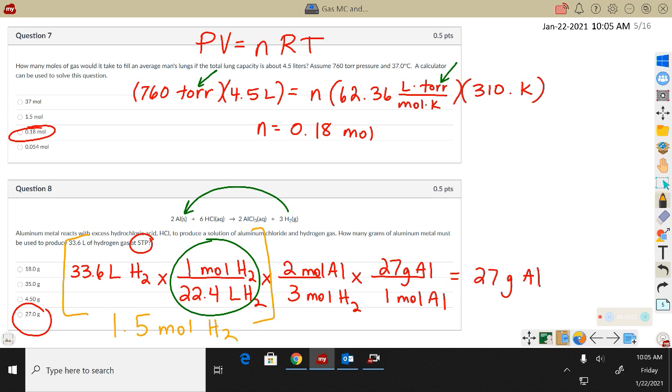Now I just do the stoichiometry and it actually ends up being pretty manageable. 1.5 times 2 would be 3. 3 divided by 3 is 1. 1 times 27 is 27. 27 grams of aluminum. But we can take a nice little shortcut, and that's a great way to use the 22.4 liters per mole, the molar volume, as long as we know we're at STP.